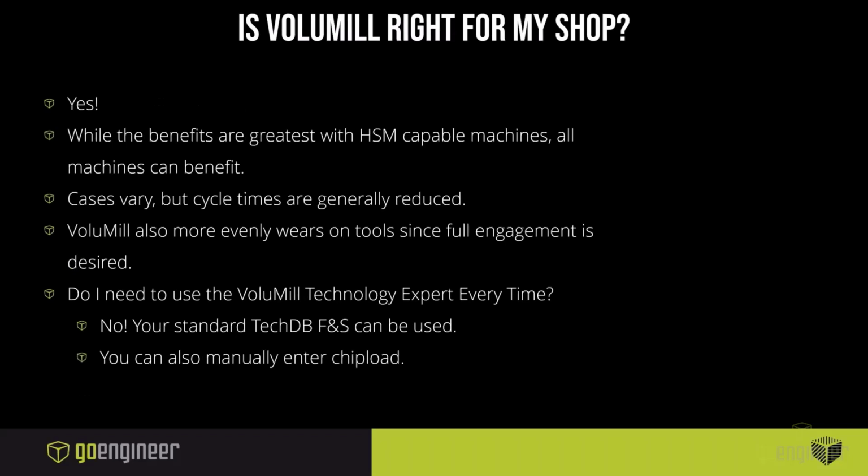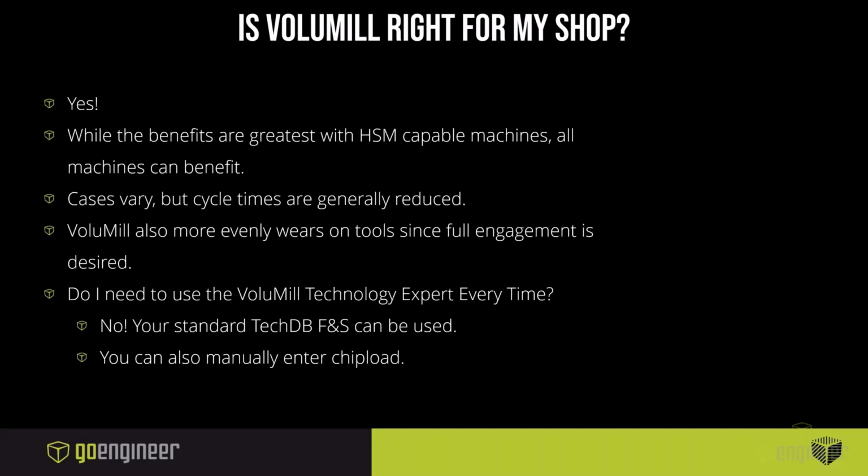So on that note, speaking of the types of machines that I use, is VoluMill a good fit for your shop? And the answer is yes. A lot of times, trochoidal machining, VoluMill, and high-speed machining kind of get glommed onto one another. And that is true. Your HSM-capable machines will derive the maximum benefit from VoluMill.